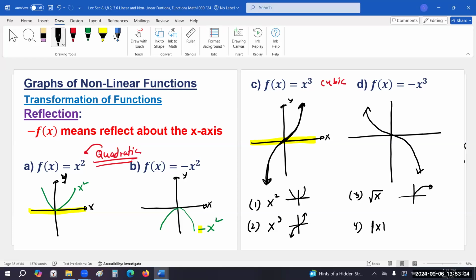Square root is this. Absolute value is this. These are the 4 original shapes. It looks like an E. It's not an E, it's a V.